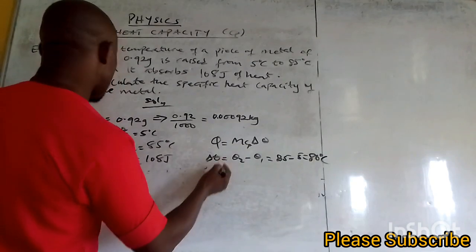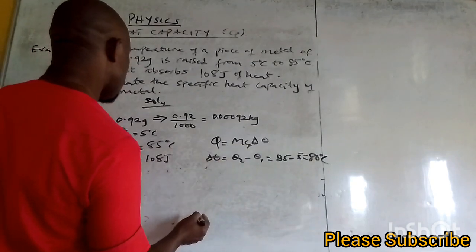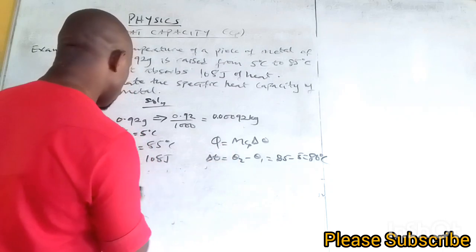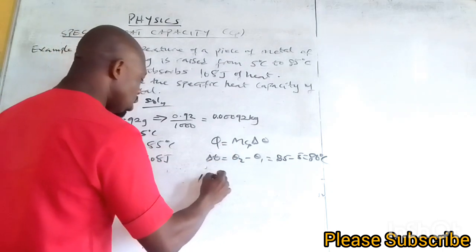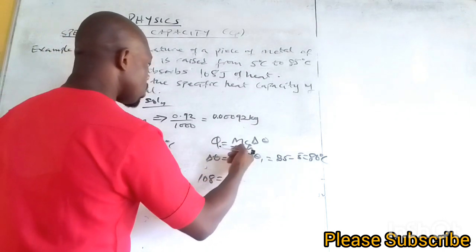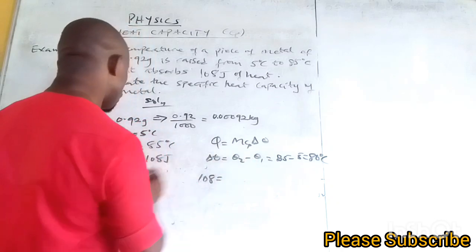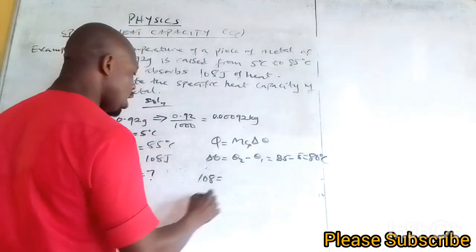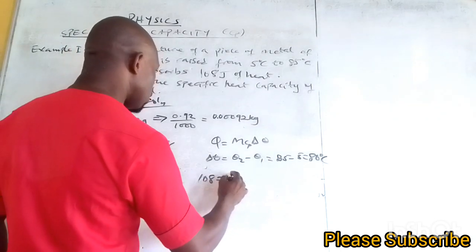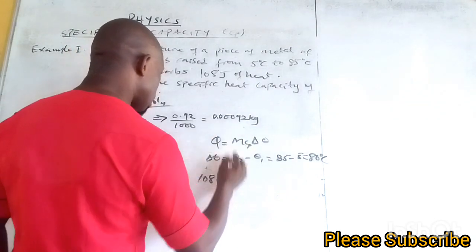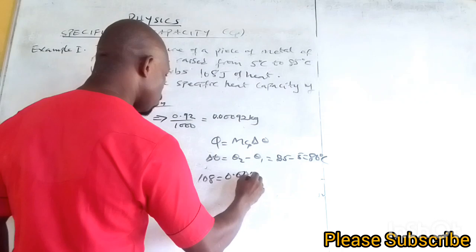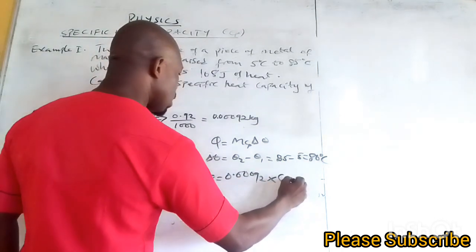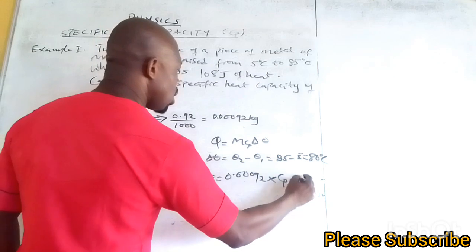Now, we substitute the value of Q: 108 equals mass 0.00092 times Cp, which is what we are looking for, then times 80.